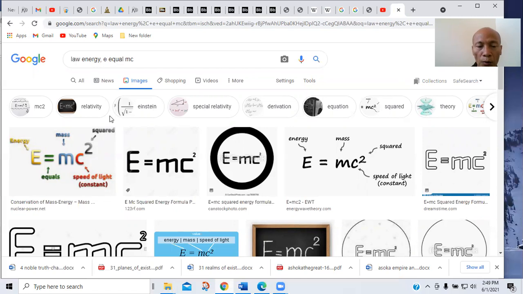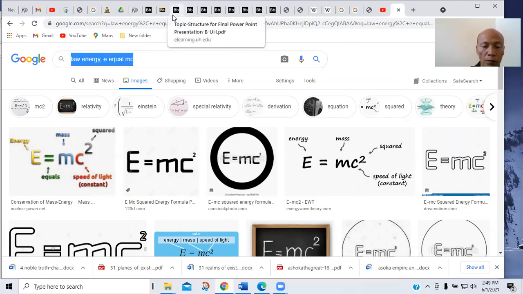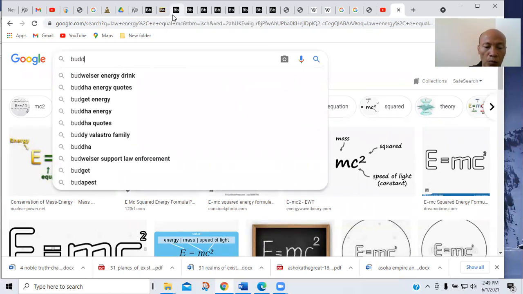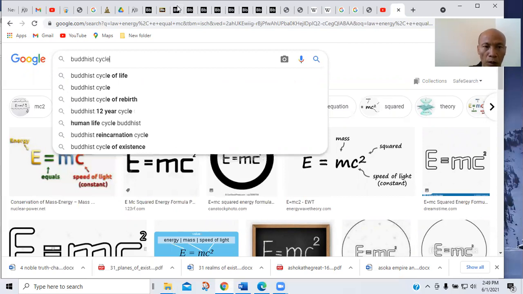So there's no ending point and no starting point of water, no ending point of the aluminum, plastic, and so forth. This is a cycle. So that's why in Buddhist view, there's a cycle of life. So the Buddhist cycle of life.